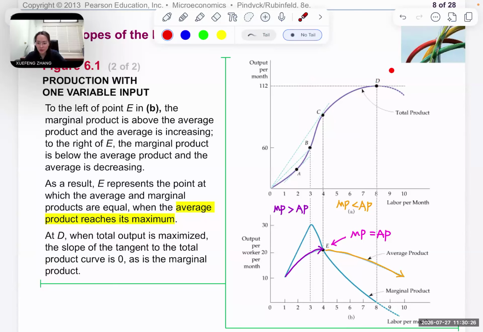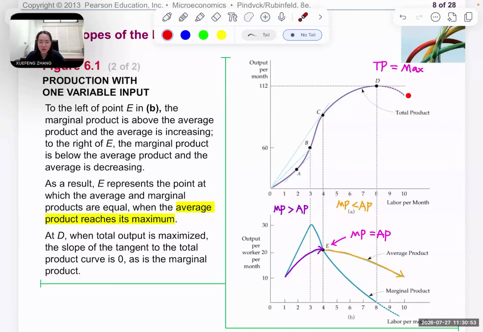This is where total output is maximum. At the very top of the total product curve, the curve is flat. You see here, this is flat, and so the tangent line's slope equals 0.